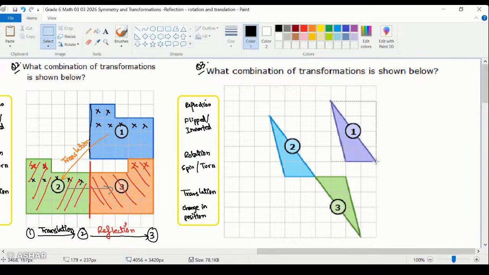No change. Can we see a flip from shape number 1 to shape number 2? They are exactly the same, right? No change in direction, no spinning, no flipping, right?